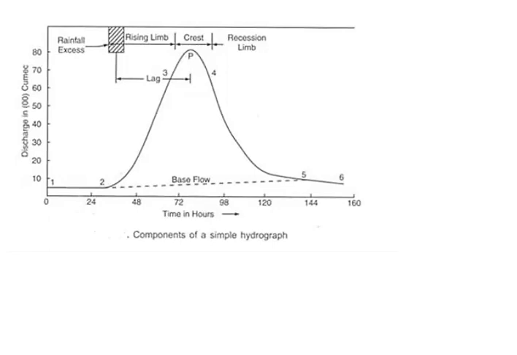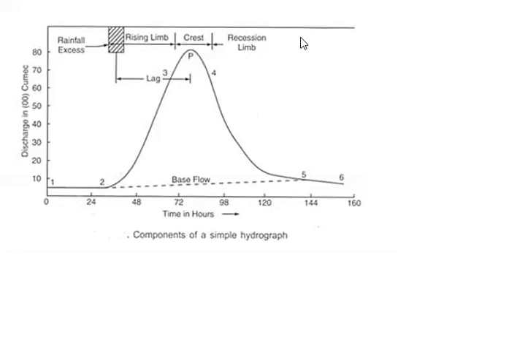So all kinds of hydrographs have three regions. One is the rising limb, the second one is the crest segment, and the third one is the recession limb.